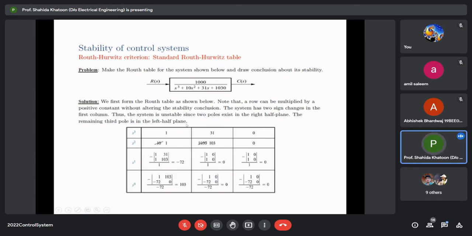The coefficient of s^3 is 1, then the coefficient of s is 31 and then 0. Then s^2 is 10 and then 1030 and then 0. Since we have 10 common in both, you can take 10 common and substitute 1 and 103. Then you can form the determinant like this. Try to find it out yourself and verify your answers.